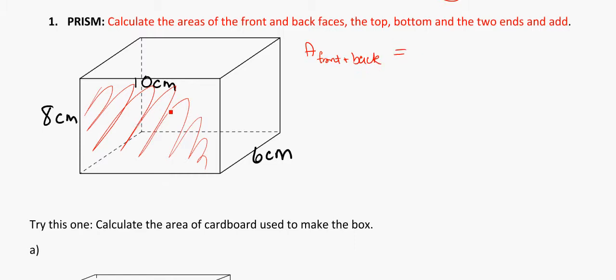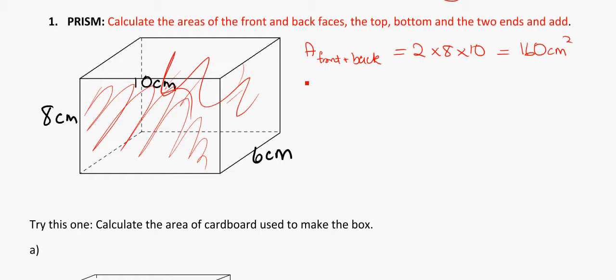So here we've got a face, that one facing us is 8 by 10, but we've got two of them, 2 by 8 by 10, because the other one's over here facing it. They're both the same shape. So we've got two of those, so you work out what that is. You could do it all at once on your calculator, but I'm going to work them out separately. 160 centimetres squared.